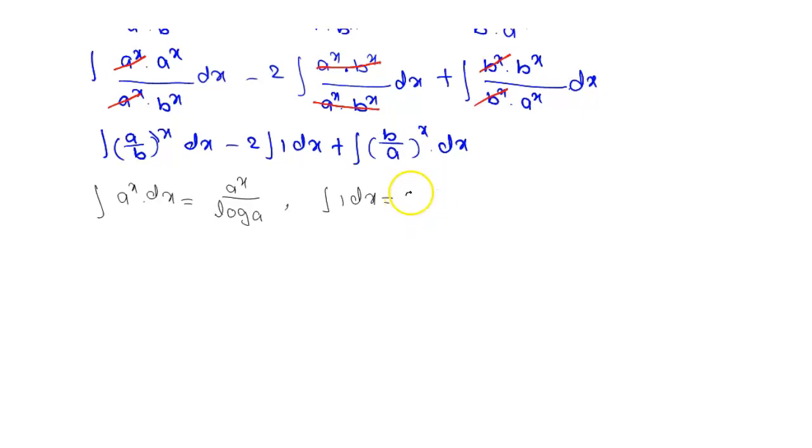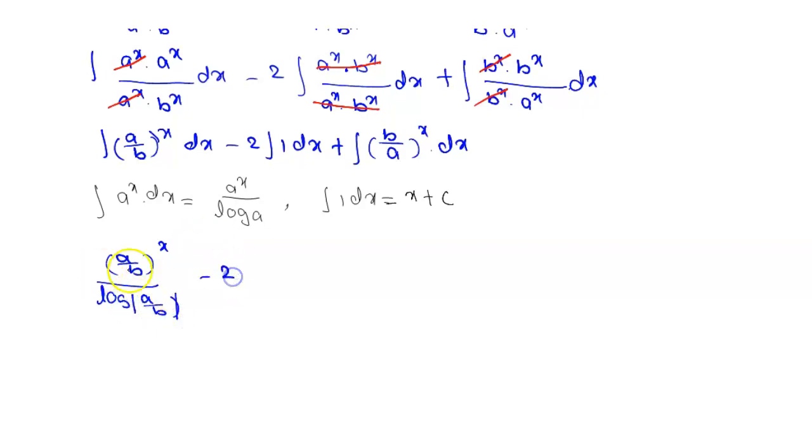By applying the formula, I am getting the integration of (a by b) whole power x, which can be written as (a by b) whole power x by log (a by b), or we can write it in modulus also.